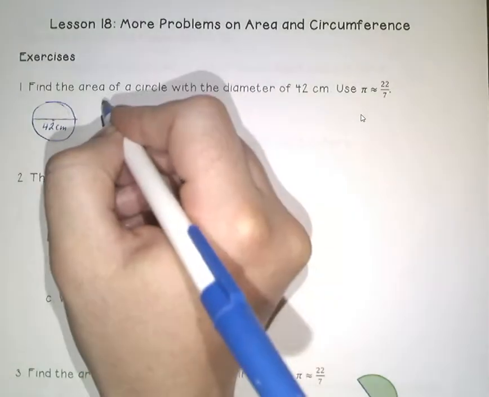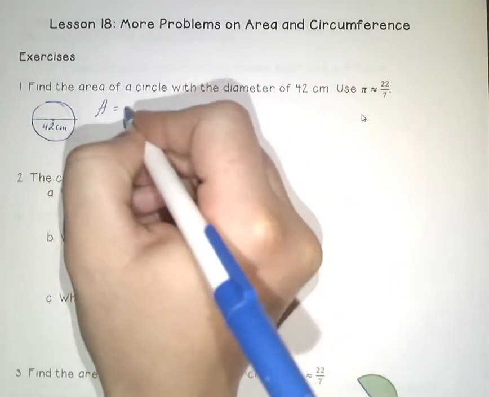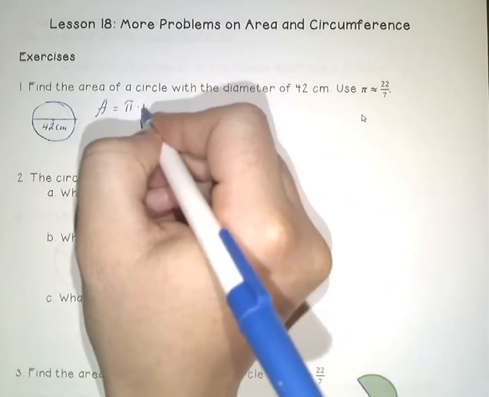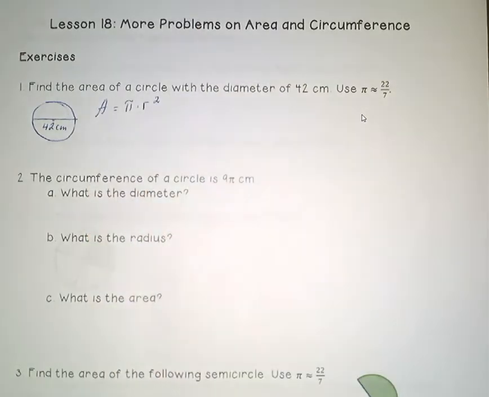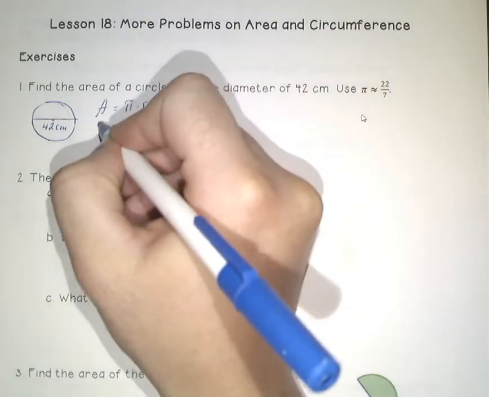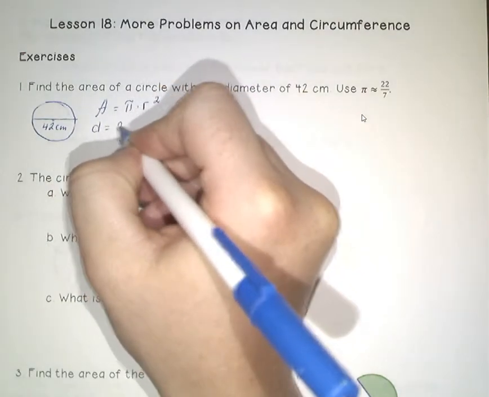Our formula for the area of the circle is pi times radius squared. Radius squared is when we multiply radius by itself, not by 2, but by itself. So for that, we need to find the radius. We have diameter, we do need the radius. So diameter is twice the radius.